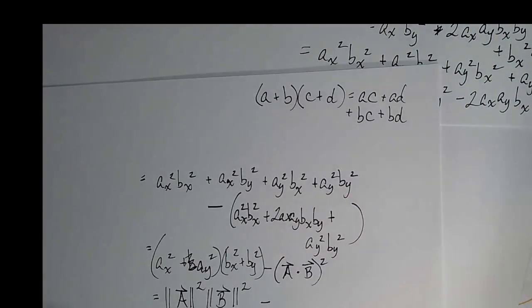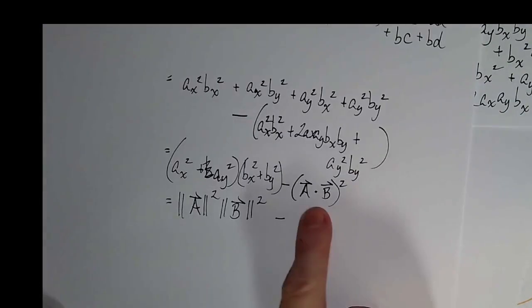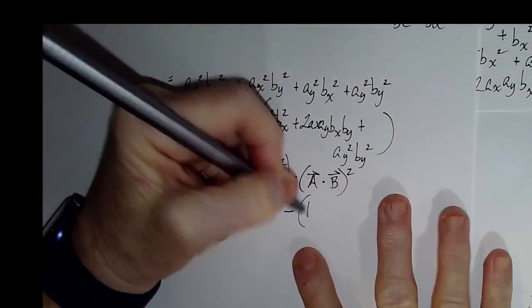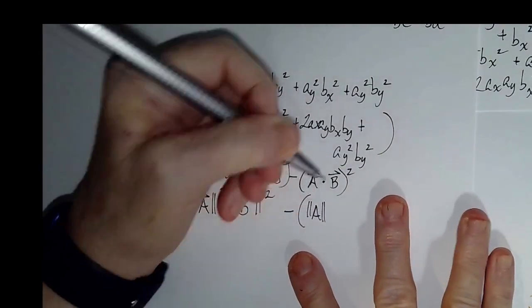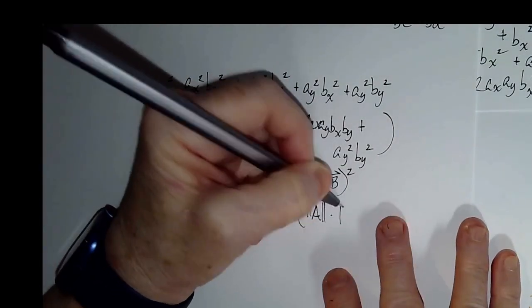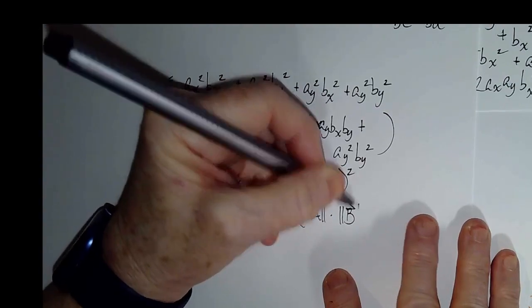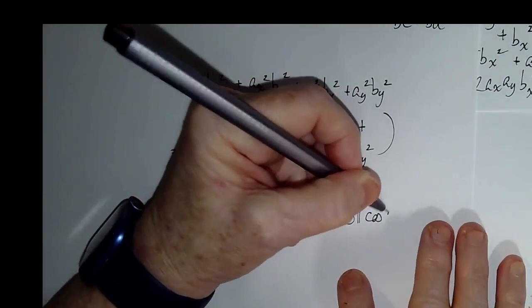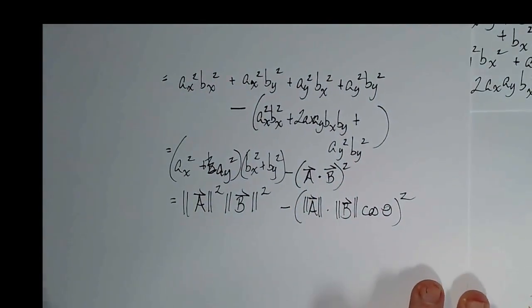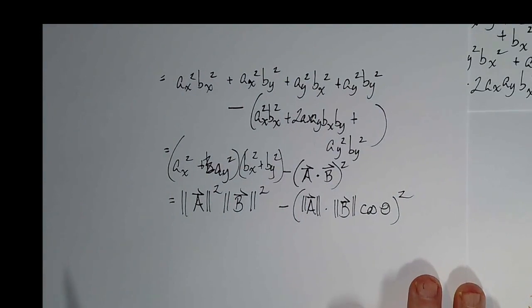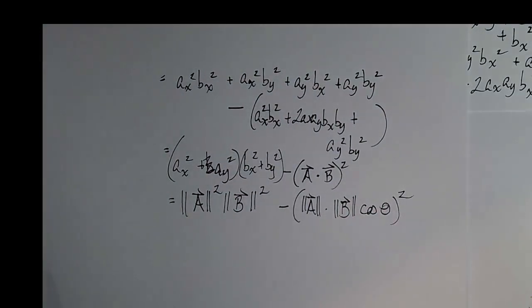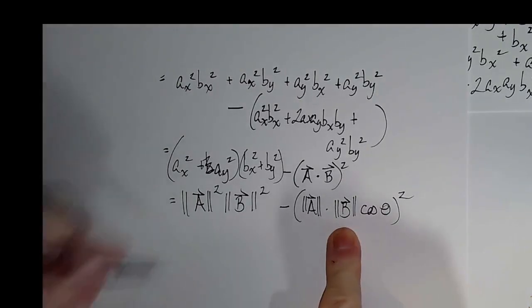So let's write A dot B here as the magnitude of A times the magnitude of B times the cosine of the angle between them, and it's squared. And let's distribute this square, which is easy because everything inside is multiplied.